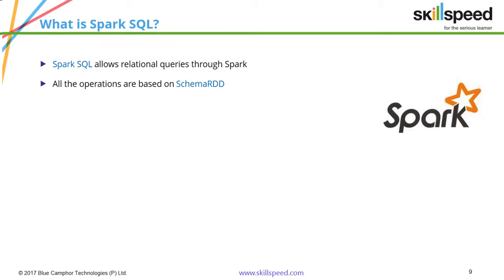It is very specific because in the original version of Spark SQL, or I can say in the Shark project, we were representing the data in a table-like structure called a schema RDD. So schema RDD is a table-like structure in which you represent your data in terms of Spark SQL.